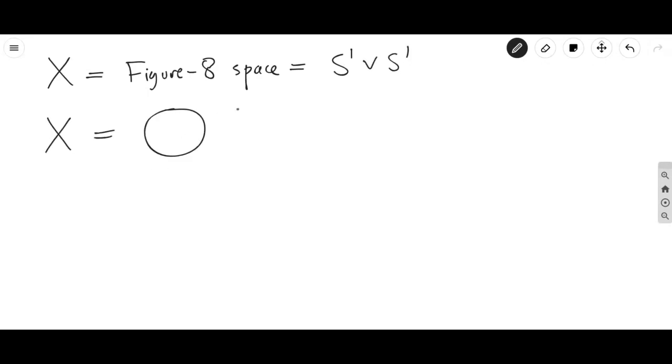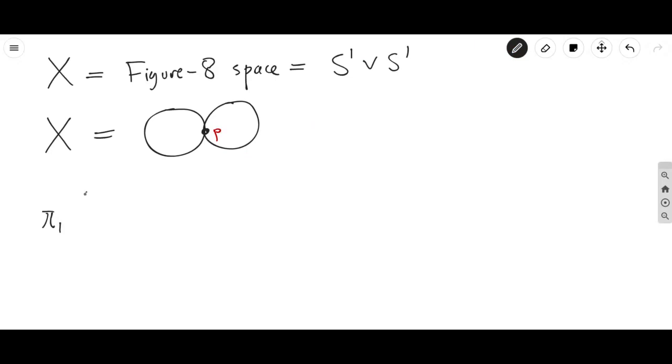Here X is the figure 8 space, and the notation we use is S1 wedge S1. This just means that X is a circle and a circle, both joined at a point. Naturally, you're going to call that your base point, even though it does not really matter which one you use.